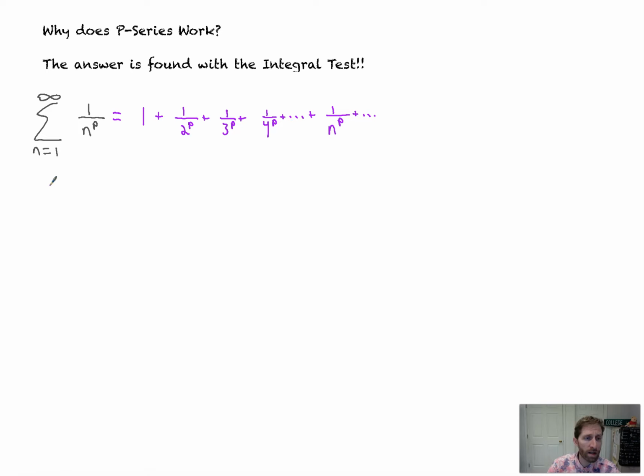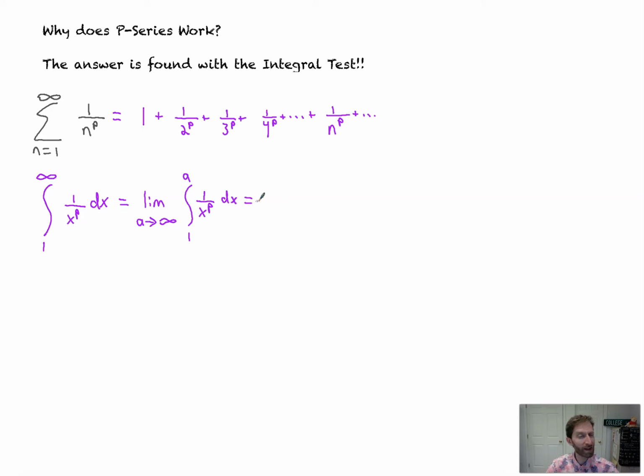So what we're going to see here is when we have the integral from 1 to infinity of 1 over x to the p, watch what happens when we integrate this. We know it's the limit as a goes to infinity. When we integrate this, we're going to see that there's a tipping point for this value.